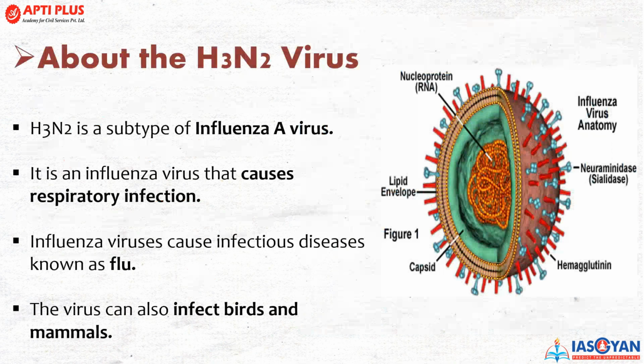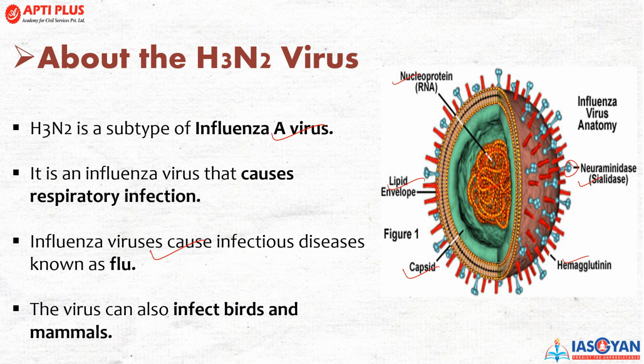If you see the anatomy of the virus, I'll just give you the basics. This is the nucleoprotein, which you can see by this color code. This is called the lipid envelope. Then there's a capsid, and this is called neuraminidase, which is part of the spike, right? And hemagglutinin is there, which is red in color. So H3N2 is a subtype of influenza A virus, and this virus causes the infection known as flu, right?